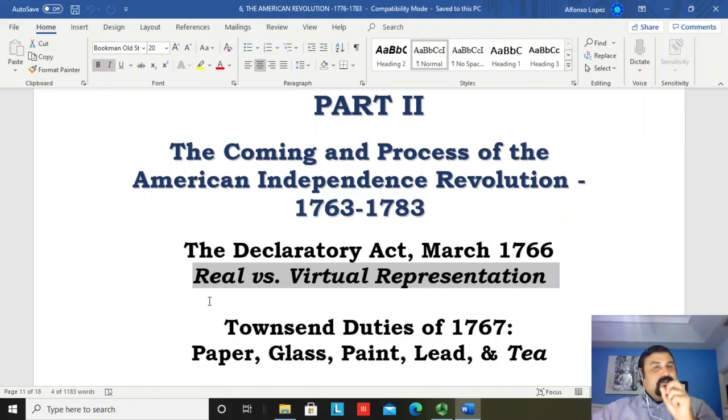We might remove some taxes, we're willing to negotiate with you, but the official authority of the land in North America is the British Parliament. Even though some of those taxes got removed, they're telling you that the British Parliament is actually the government of the colonies.